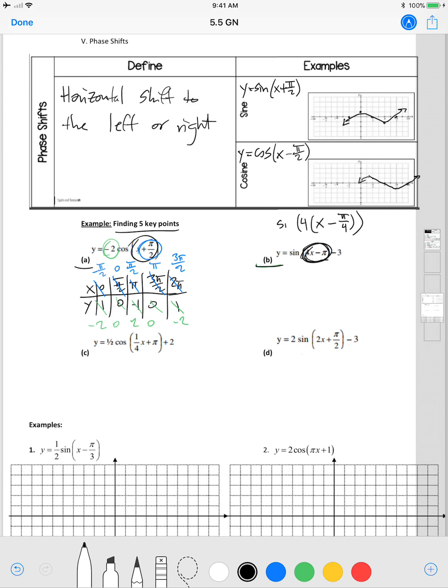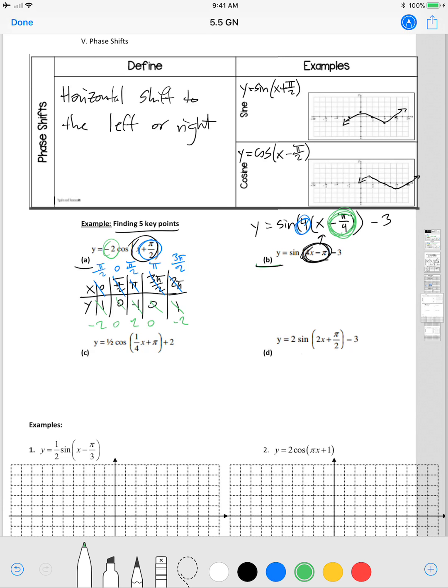This is actually what's inside my parentheses here. It's the same thing. I can go ahead and redistribute that if I want, and I'm going to get 4x minus pi back in the parentheses. But now this is my period change, and this is my phase shift. Okay?